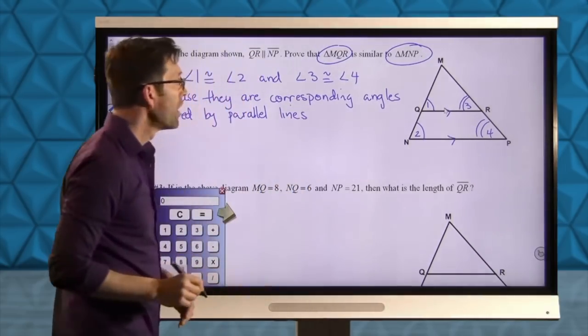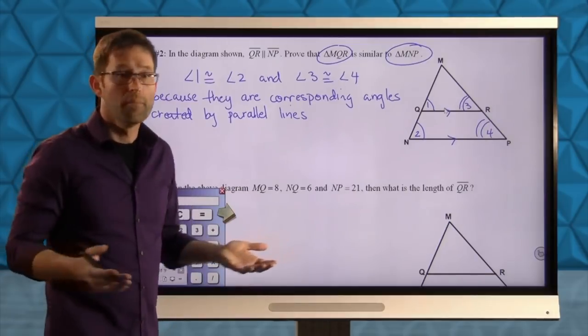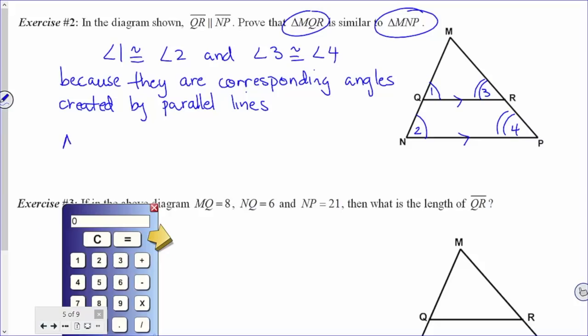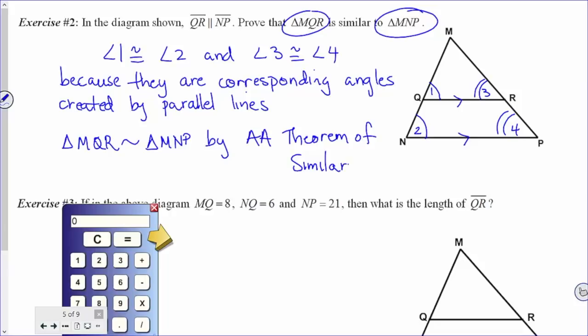All right, but that's enough, right? Because now I can say that triangle MQR is similar to triangle MNP by angle-angle theorem of similarity. Now, most of the time, we're just going to say by angle-angle.